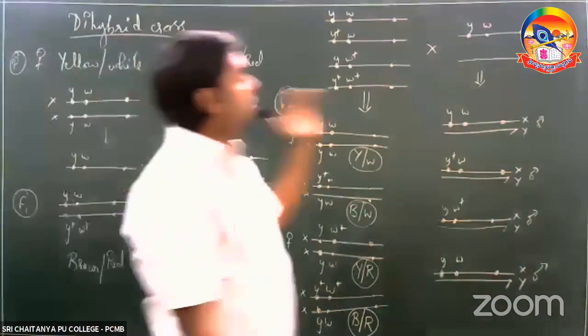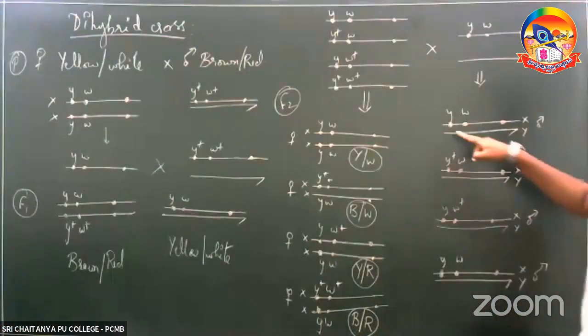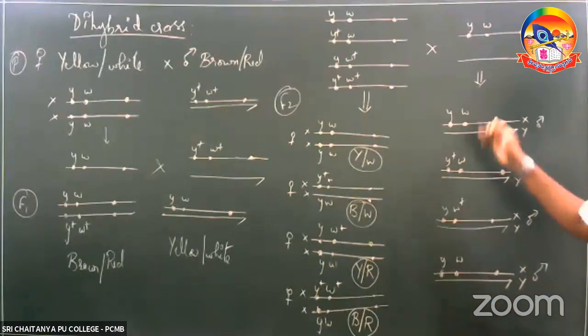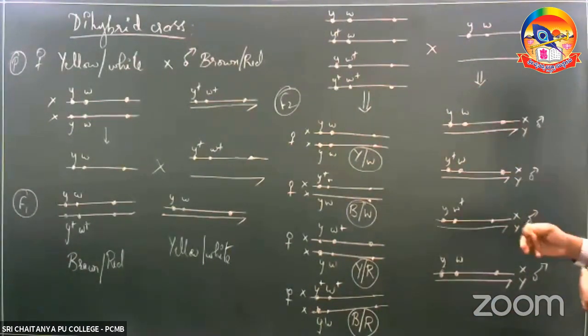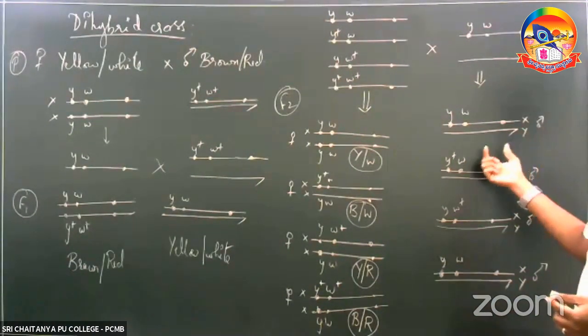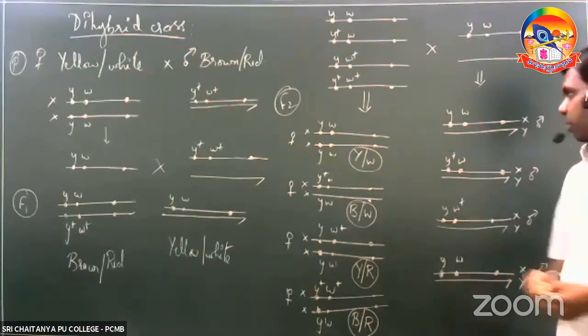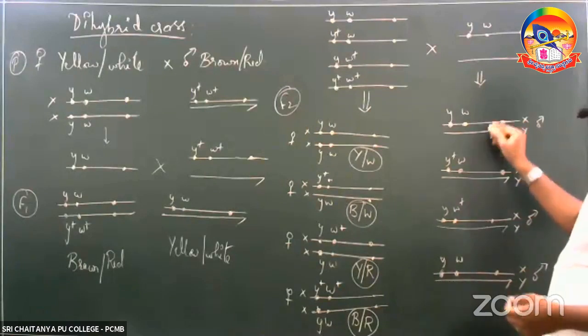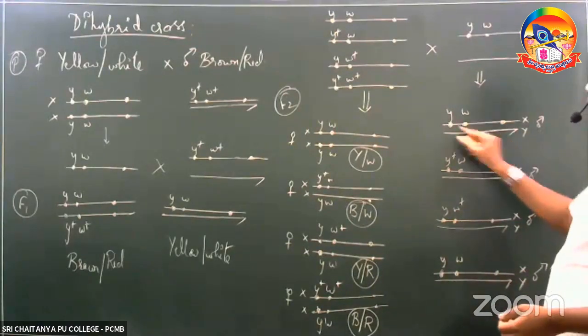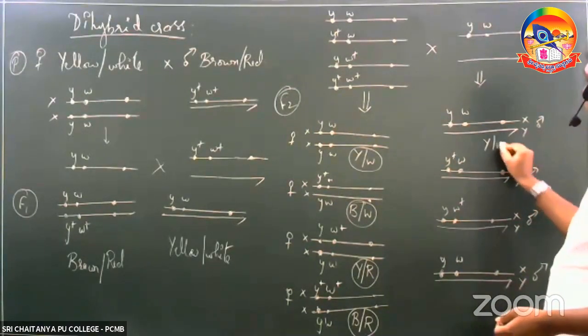Now talking about the phenotype of the males. Since there is only one X chromosome, there is nothing much to worry about the heterozygote condition. Whatever trait is present on the X chromosome, the same trait would be expressed. So in the first condition, the individual would be yellow bodied, white eye.